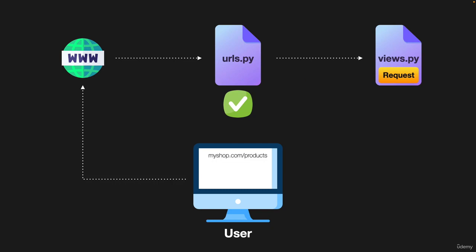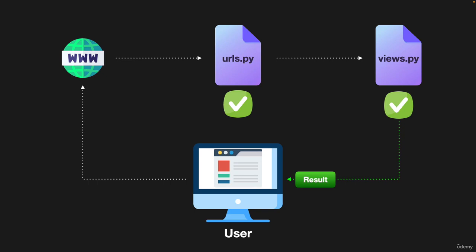These are the two files that we just mentioned inside our Django application folder. When the request gets to the views.py file, it looks through the code until it finds a match. After it finds a match, it gets the result that needs to be shown, and it sends that result to our user's computer, and our user can see the content for that page.